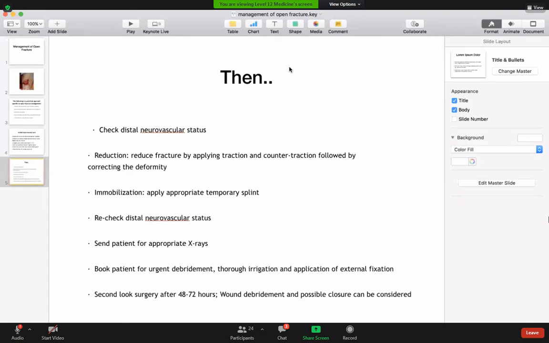I will ask about the onset, and past infection or trauma, or if he's painful or painless.